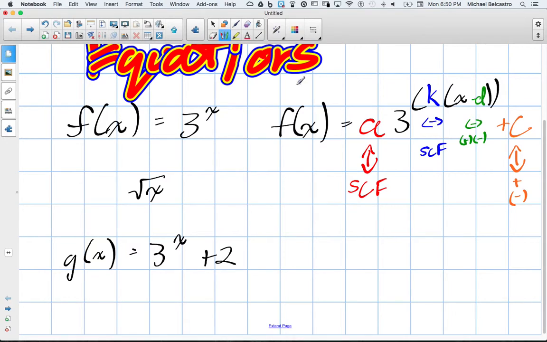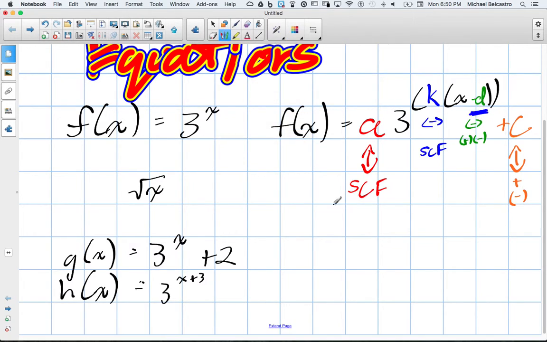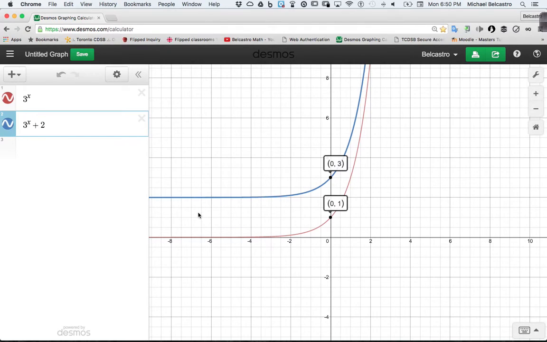Let's go back. If we give you another function, h of x, and we say it's 3 to the power of x plus 3, well, the 3 in this case is going to be dealing with d. And because it's positive, it's going to move that function to the left 3 units. Let's take a look at what that would look like.